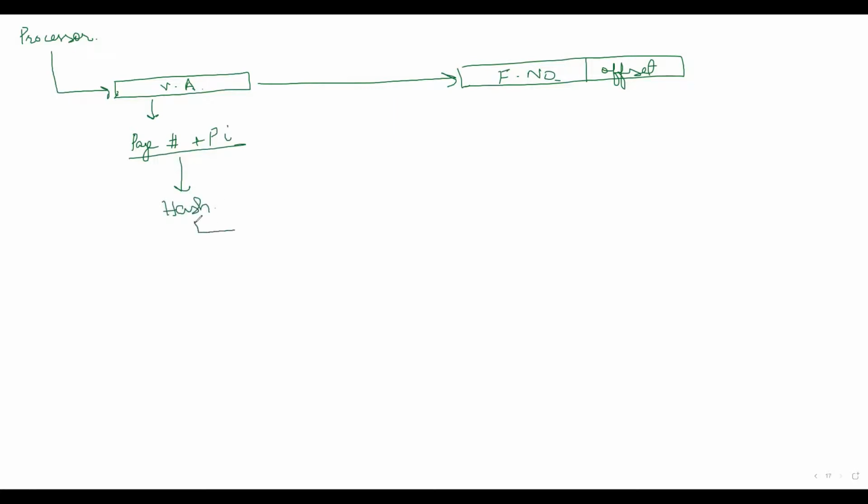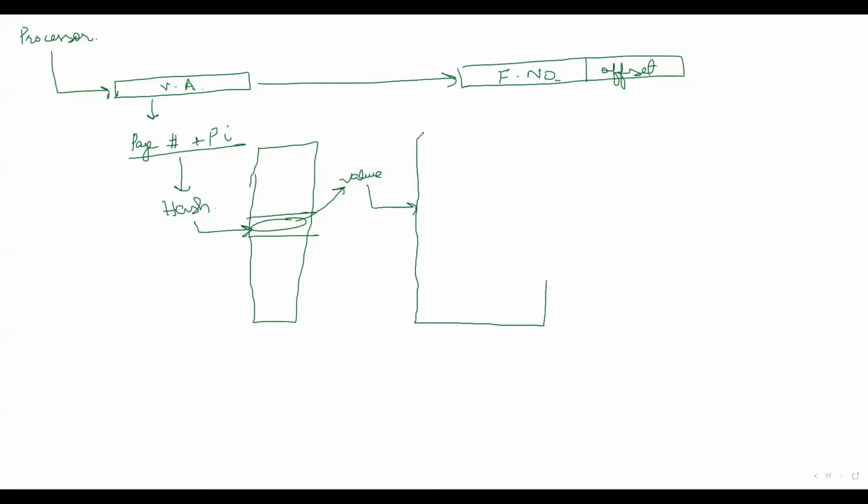Then this hash value is used to index a table, and this table contains some value. Using this value, we index another table, which is the inverted page table.